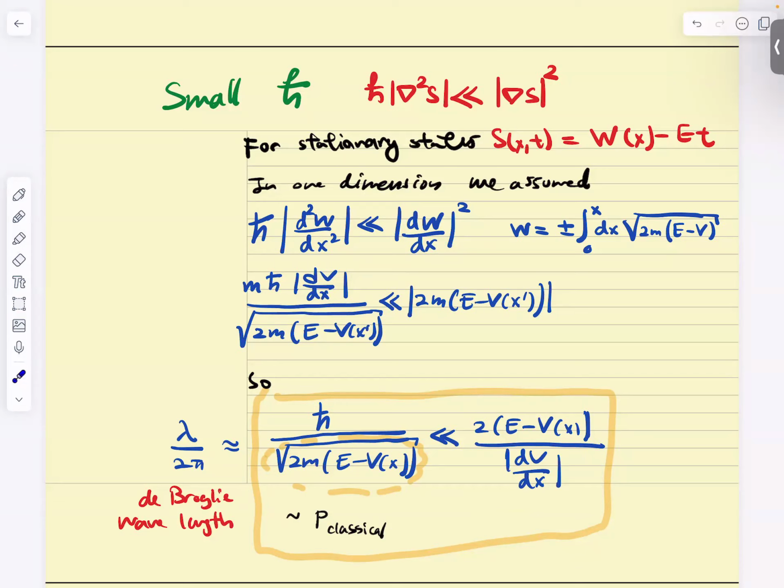But now I'm going to try to interpret this. This says that h bar over this value, that we already argued to be intuitively classical momentum, is much smaller than E minus V of x over dV dx. The left-hand side in early days of quantum mechanics had a name.